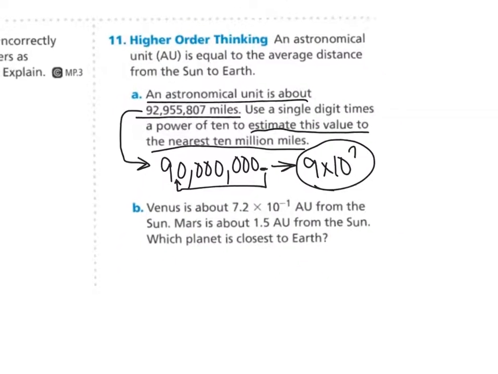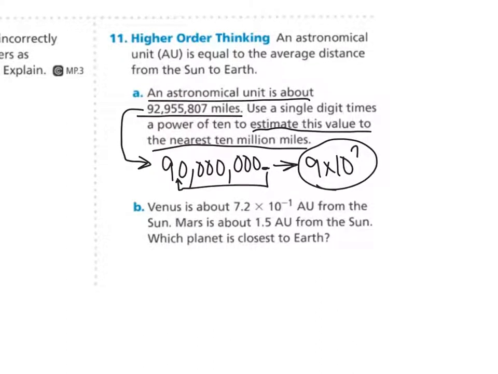And then part B, Venus is about 7.2 times 10 to the negative 1st astronomical units from the sun. Mars is about 1.5 astronomical units from the sun. Which planet is closest to the Earth?